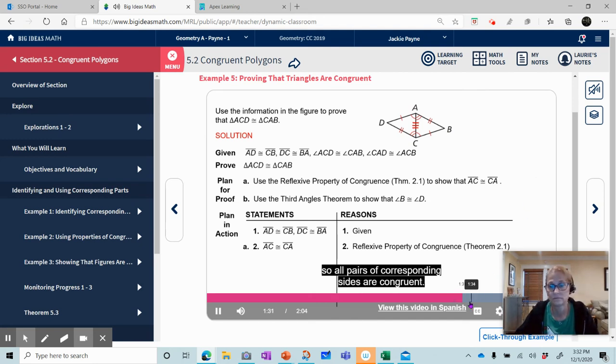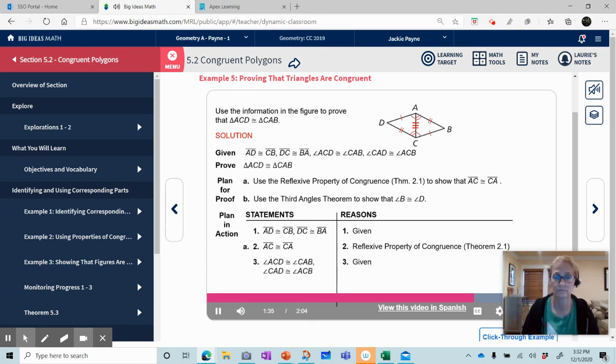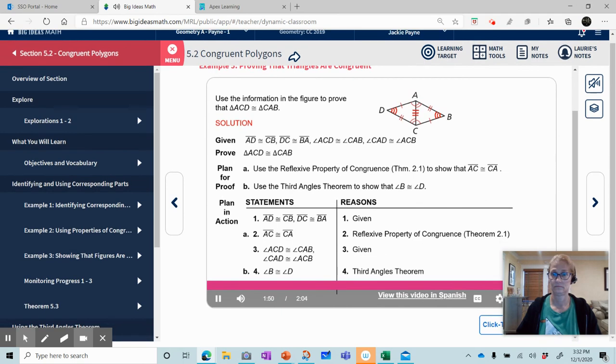So all pairs of corresponding sides are congruent. Next, you are given that angle ACD is congruent to angle CAB and angle CAD is congruent to angle ACB. By the third angles theorem, angle B is congruent to angle D. So all pairs of corresponding angles are congruent. Because all corresponding parts are congruent, triangle ACD is congruent to triangle CAB.